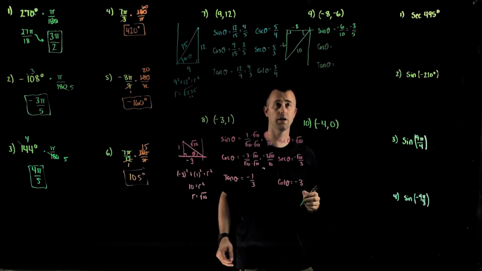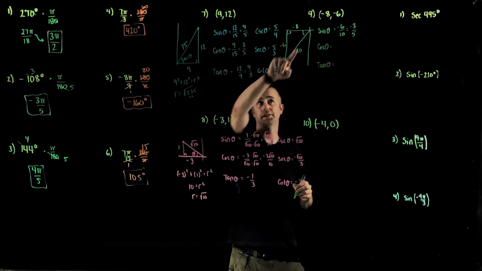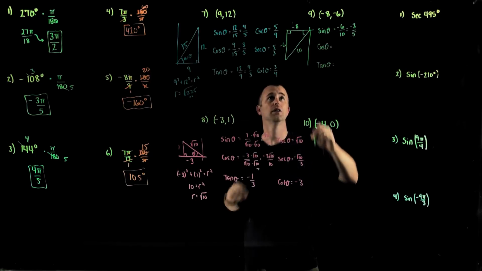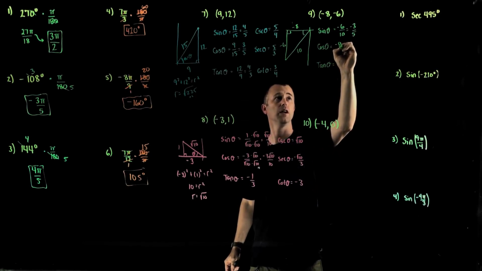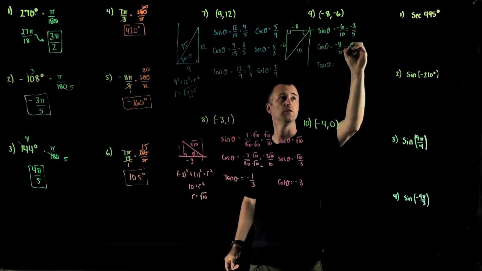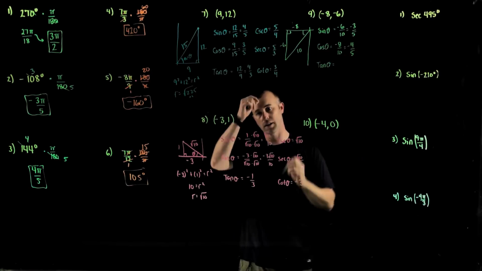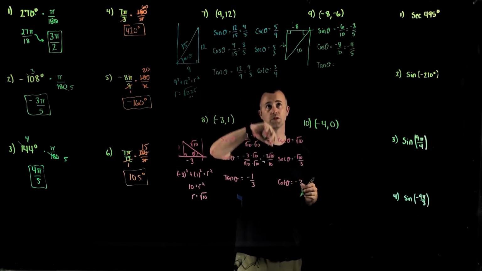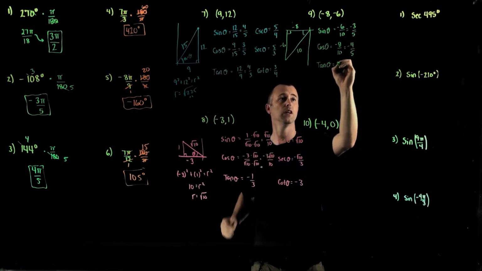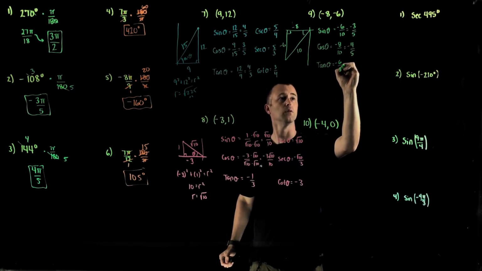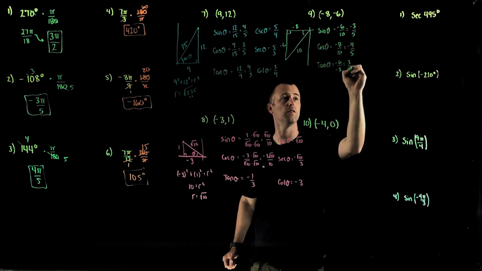So that is sine. Cosine's adjacent. Here's my angle. This side's adjacent to it. So I have adjacent over hypotenuse, so negative 8 over 10, which is negative 4/5. And lastly, we have tangent, which is opposite over adjacent, so negative 6 over negative 8, which is positive 3/4.